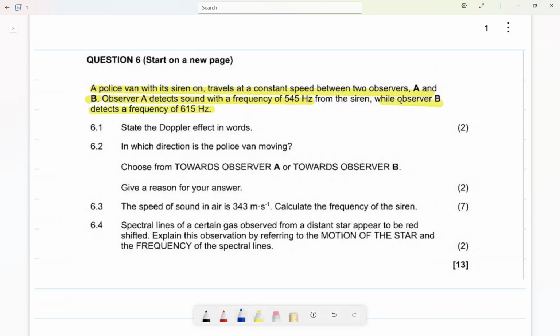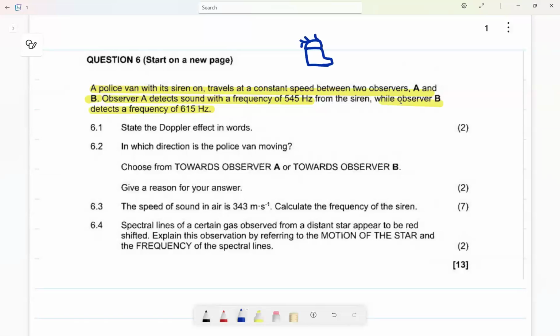Can we see this one detects a higher frequency, then this one detects a lower frequency. So my assumption is that if here is a police van like that, a policeman with a siren there.